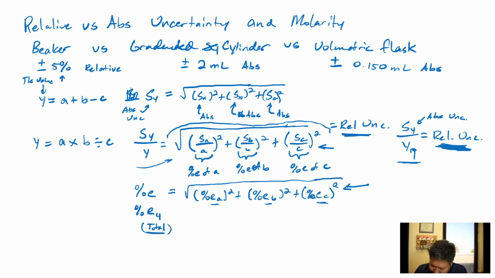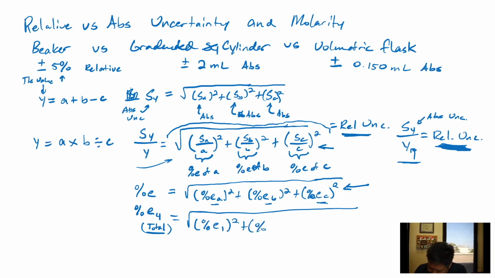And that equals, in the textbook, sometimes they write it like this, where it's percent error uncertainty of 1 squared plus percent E2 squared plus percent E of 3 squared.